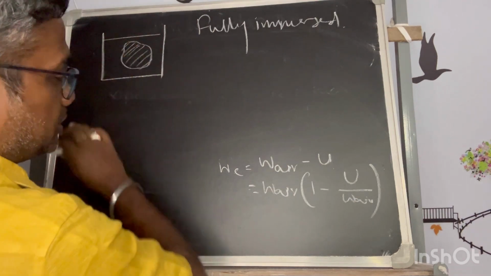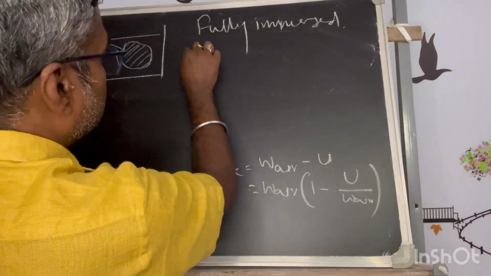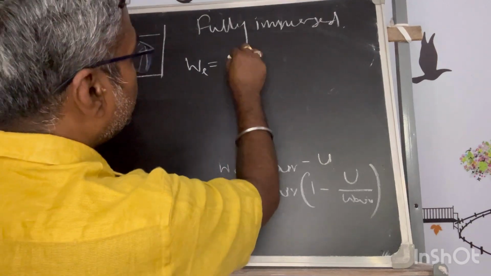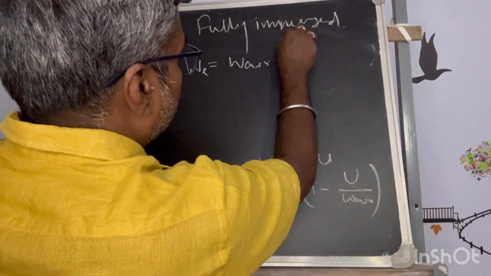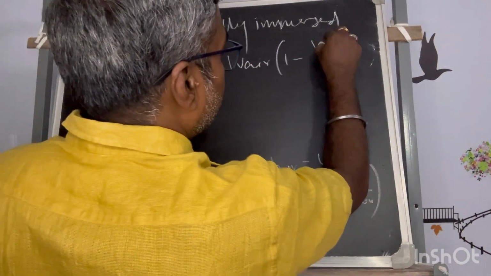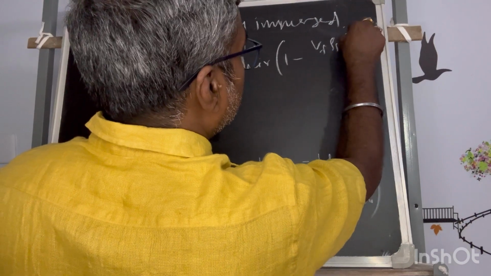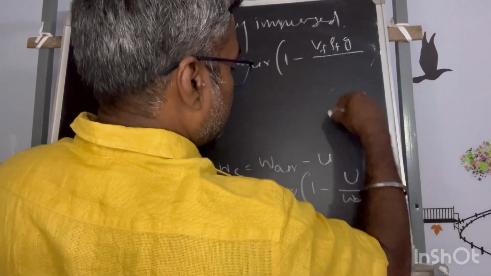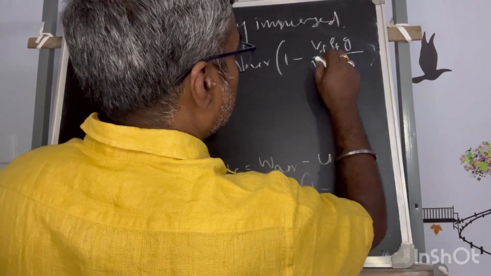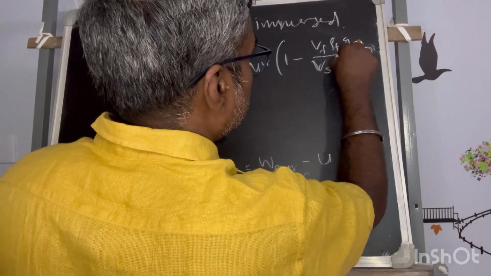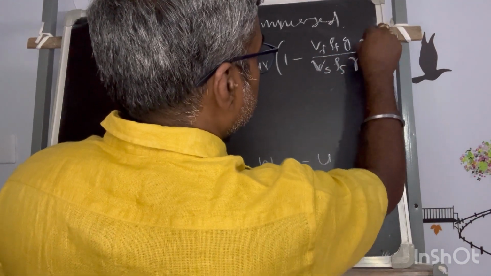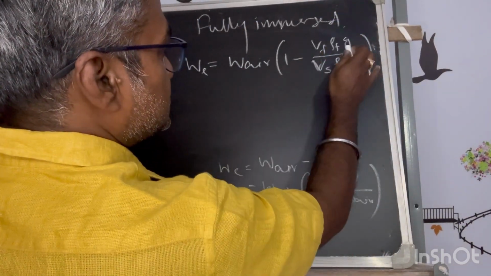First I will consider the fully submerged case. The effective weight will be the weight in air minus the upthrust, which is Vf rho f g, and the weight in air is Vs rho s g. Vf is the fluid displaced, and this is the actual weight.